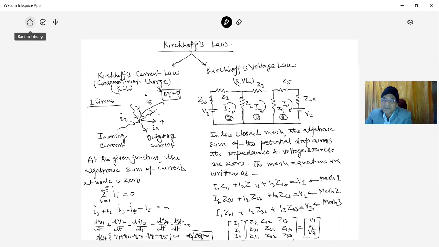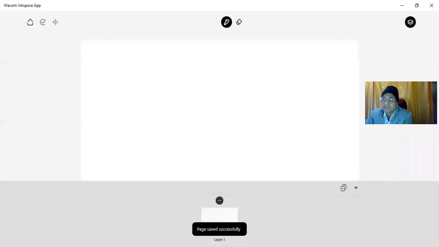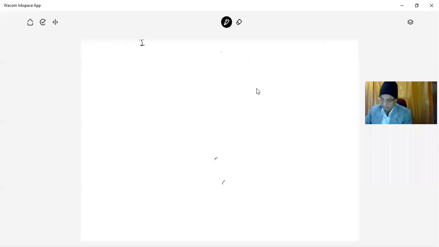The same matrix equation can also be expressed as I, here it is Z is equal to V. This is the matrix equation.